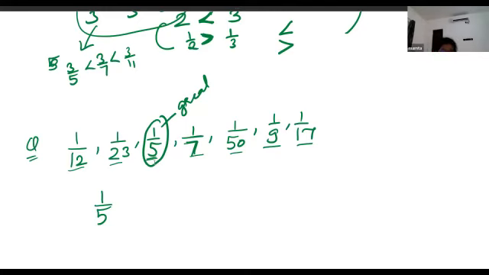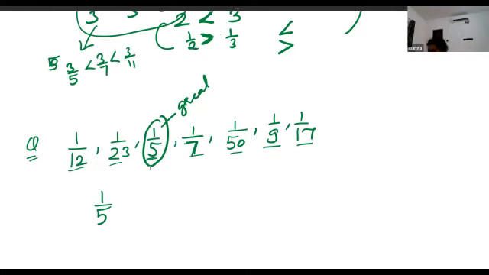Ma'am, is my answer correct? Who is this? Ma'am, Adya. 1 by 5, 1 by 9, 1 by 12. Where is 1 by 7? You did not write 1 by 7. Aishwarya, your answer is correct.